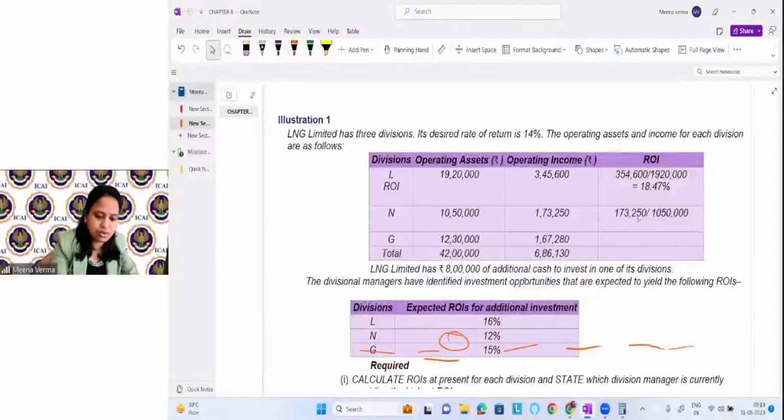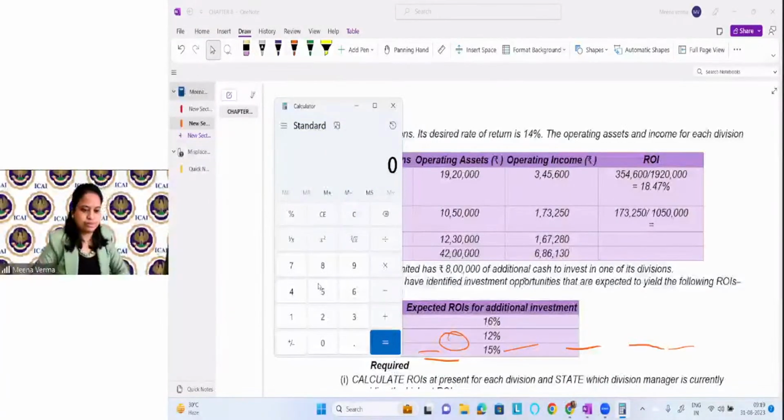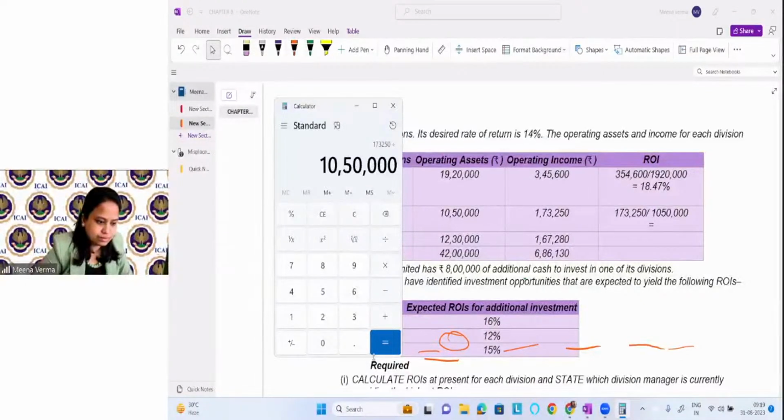Let's see what ROI is coming for the next one. 16.5%.